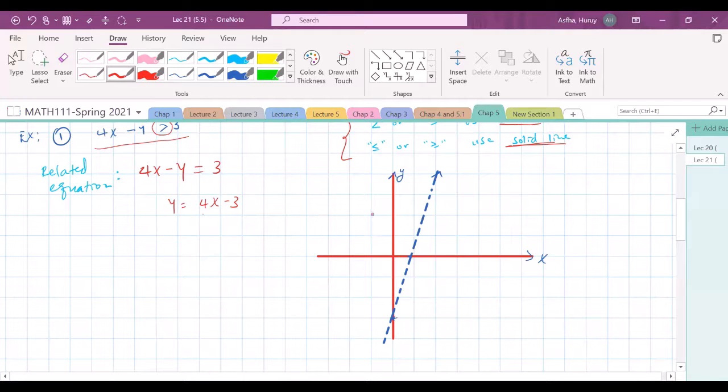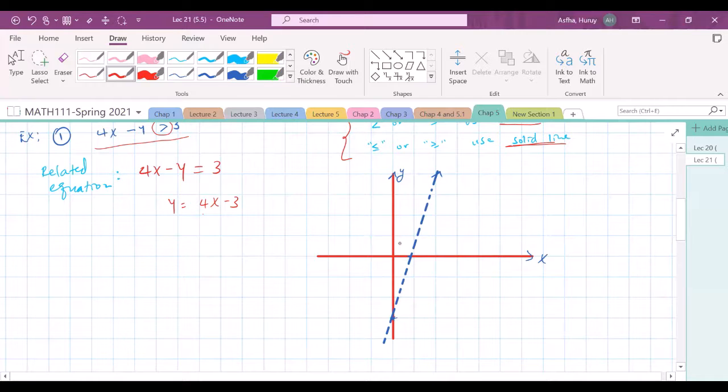So what I'm going to do is pick one point from anywhere on one side. It could be from the right side, it doesn't matter. But for me, I will pick one from this side. And then we decide: if the point that I pick from this side satisfies the inequality, then this area is the solution.